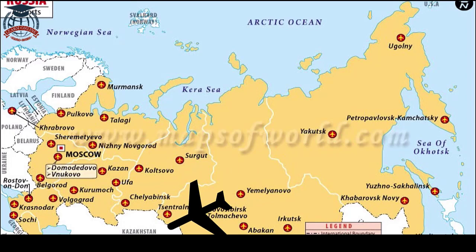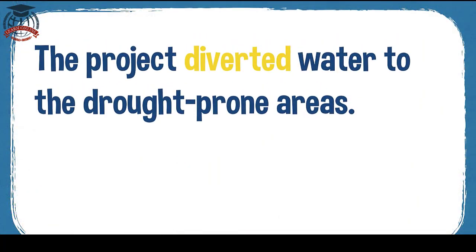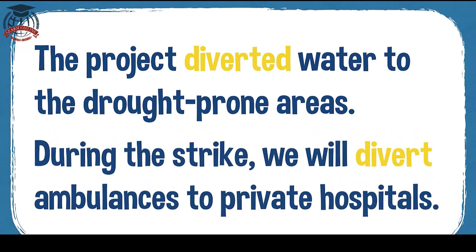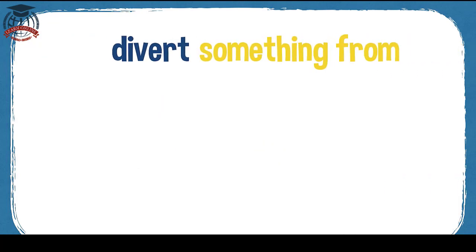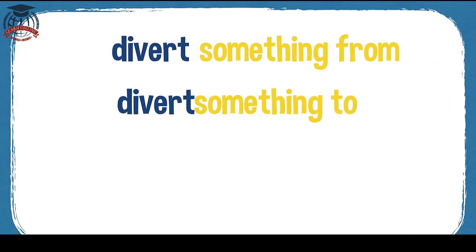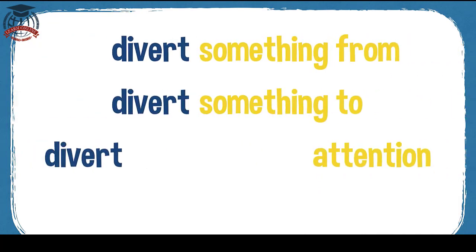So the plane diverted to Novosibirsk. Here's some more examples. The project diverted water to the drought-prone areas. During the strike, we will divert ambulances to private hospitals. So you can divert something from or divert something to.